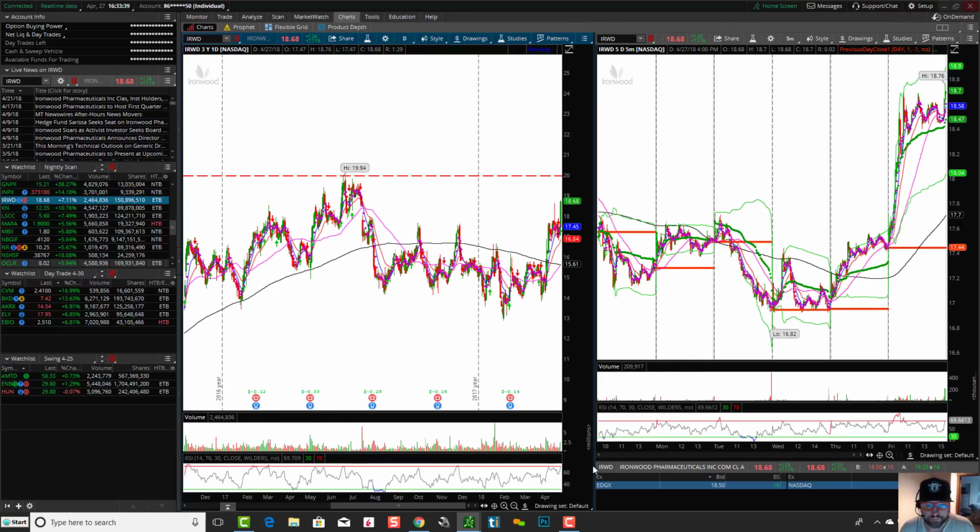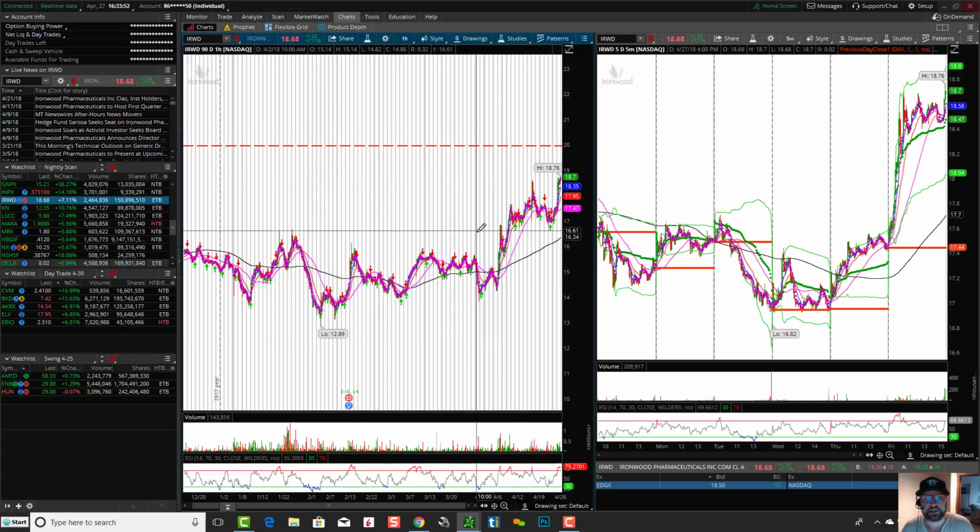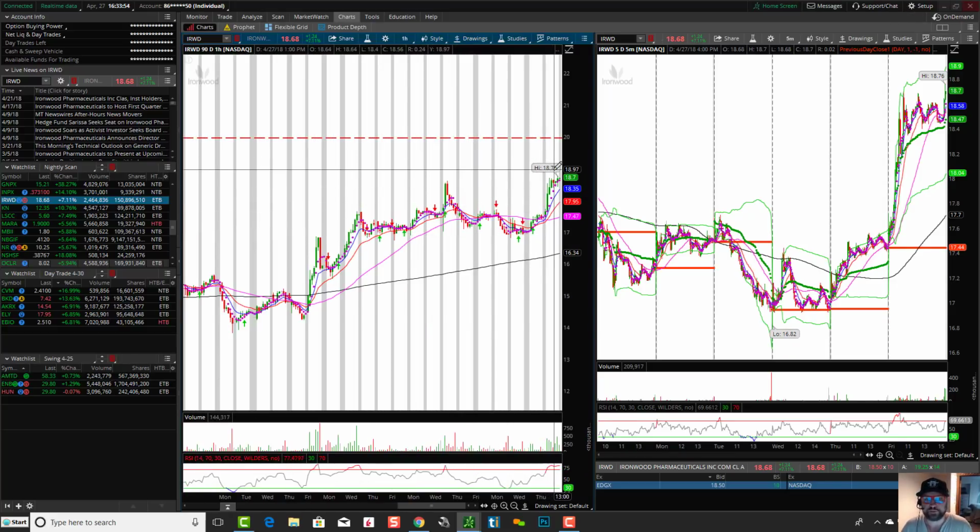It's broaching overextended. But you have kind of this big cup pattern forming, and on the hourly, a cup and a handle. And it's bull flagging. So this one might have a pop up to 20 bucks.